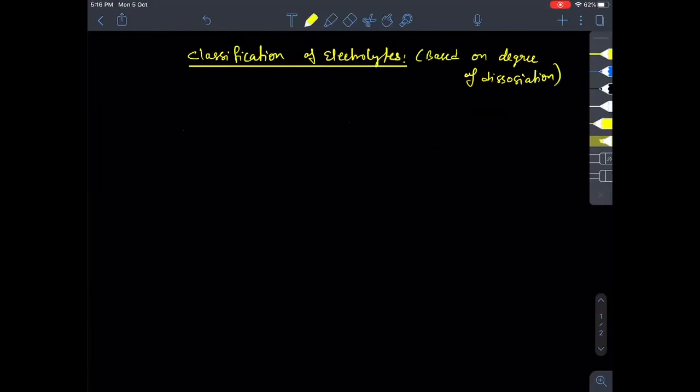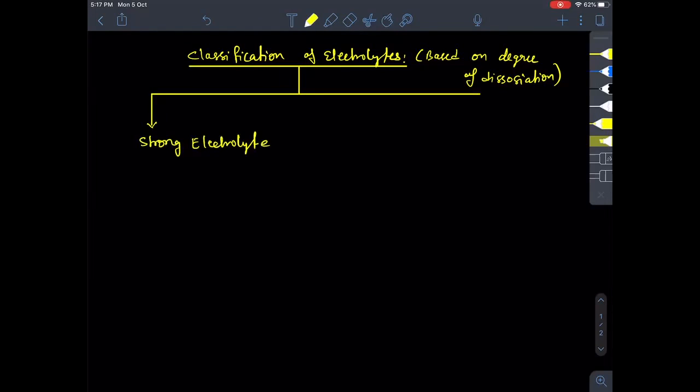So when it comes to classification of electrolytes, we can divide it into 2 parts. Number 1, strong electrolyte. Number 2, weak electrolyte.